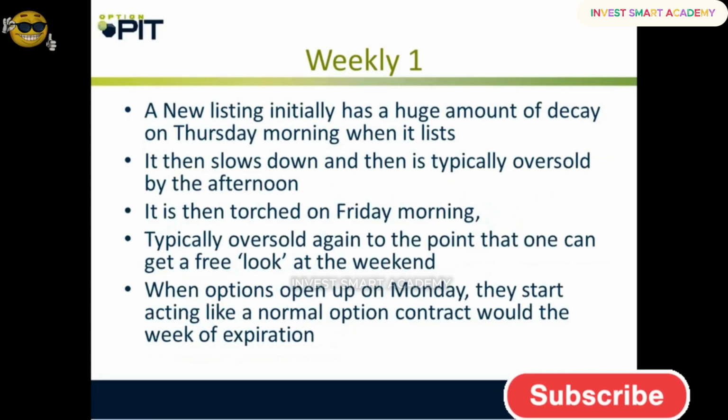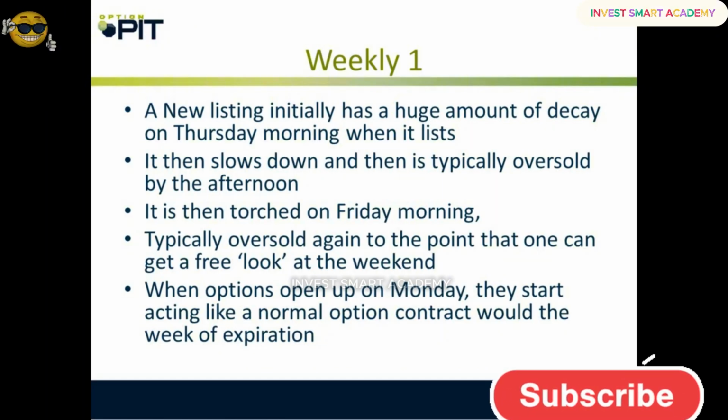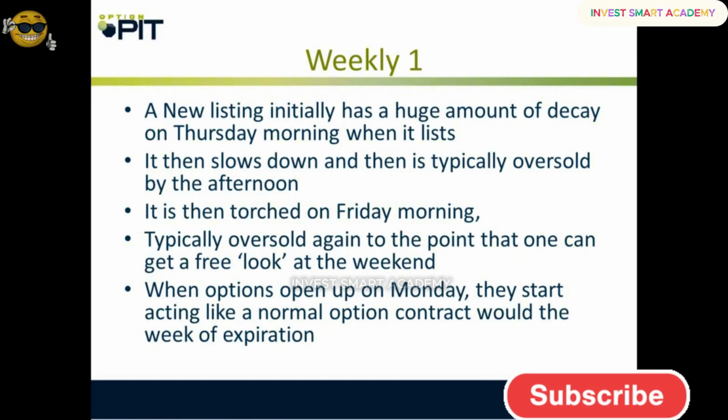All right, what you have is when they list a new option, it's brand new, so it just exists and then dies in 9 days. All right, they come in on that Thursday morning, and they just slam the premium. They slam the premium as much as they reasonably can.